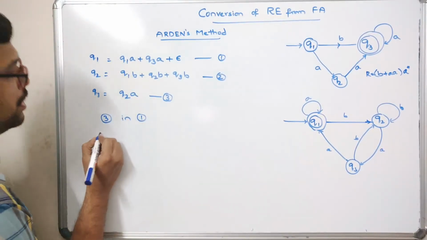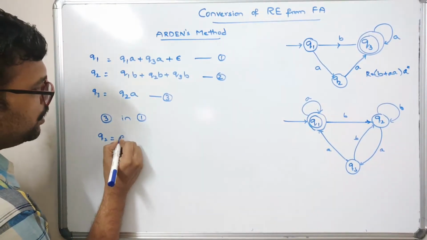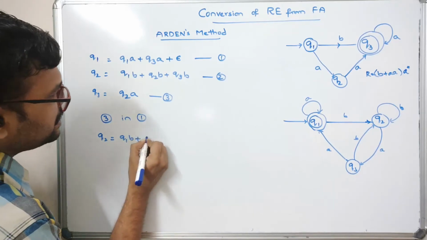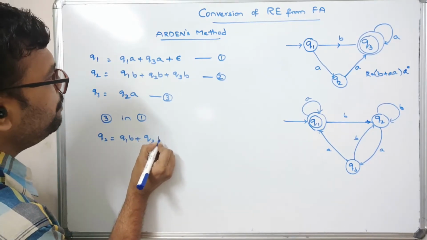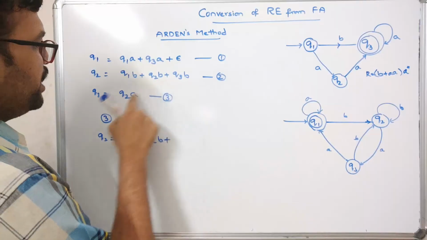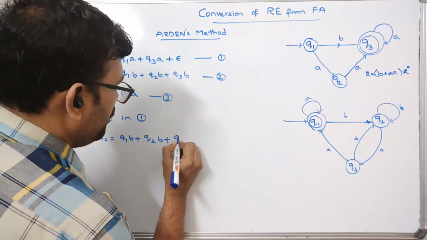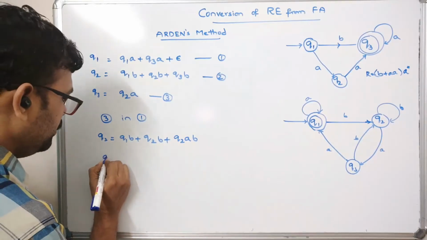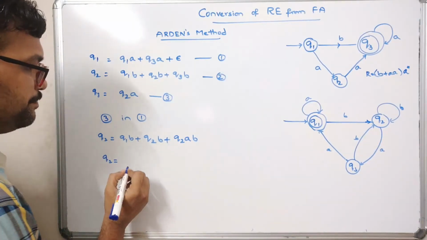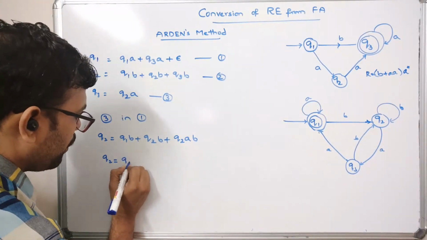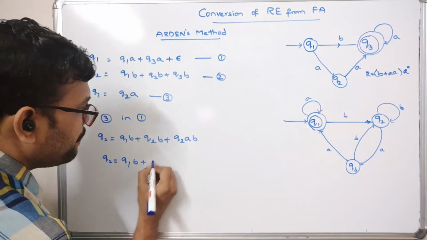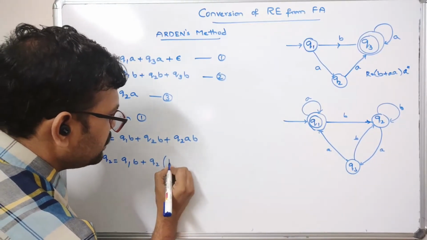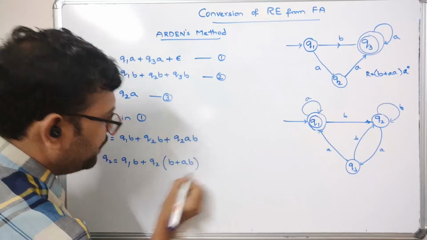Apply 3 in 1. So Q2 is equal to Q1B plus Q2B plus Q3, and we can write Q3 as Q2A, so Q2AB, right? So Q2 is equal to Q1B plus, taking Q2 common, B plus AB.